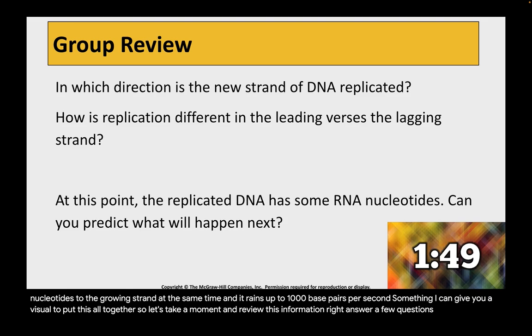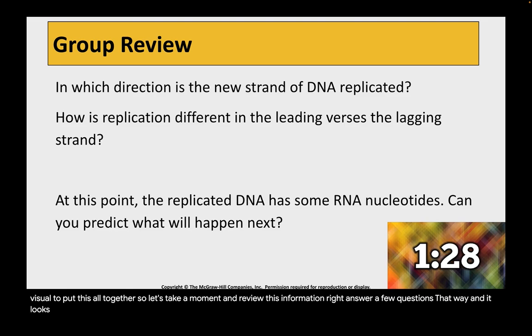So in the leading one, it just goes 5 to 3. And then in the other one, it starts right where it uncoils, and then it builds that way, and it like loops this, like the visual. Does that make sense? And then it can start making up here and down here in 2 places.